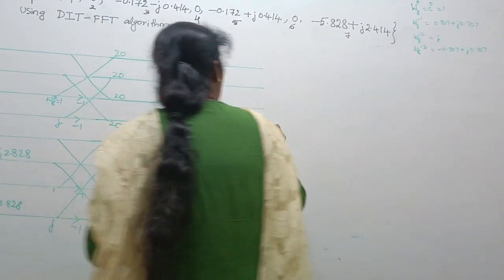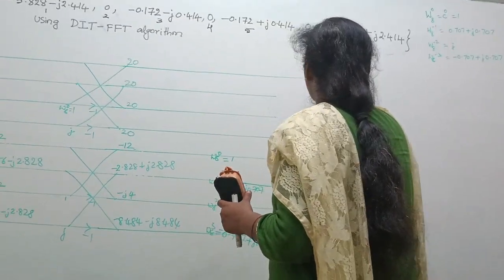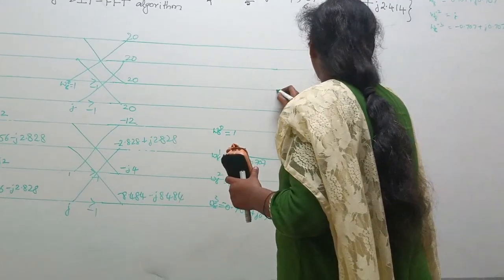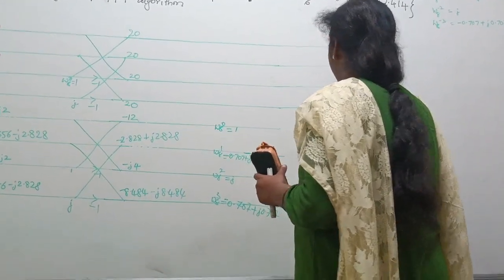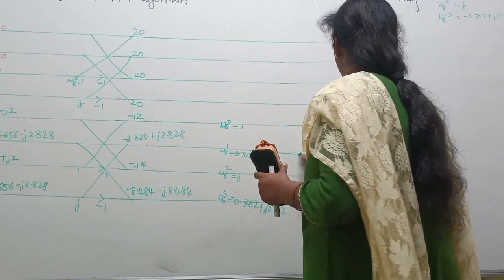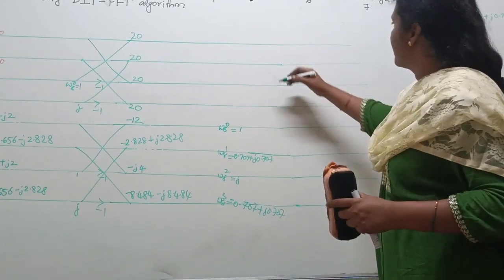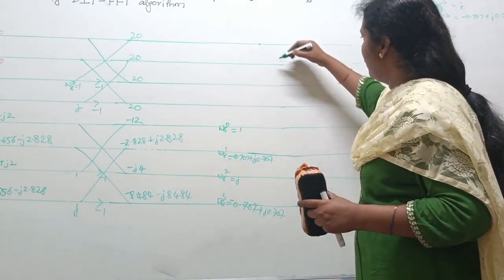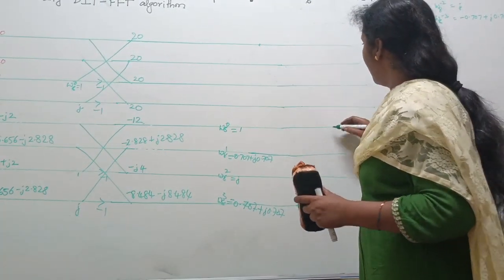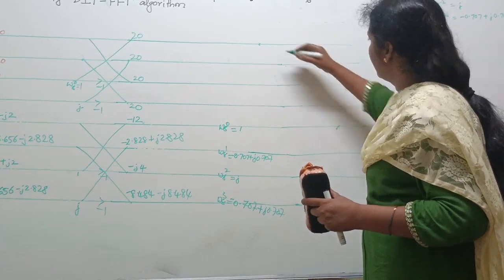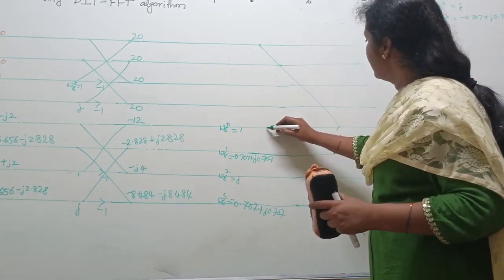So how to draw the 8-point DFT for this? Let us extend these lines like this. Start from the first one, leave 1, 2, 3 lines and then the 4th point. So join these 2 lines like this.